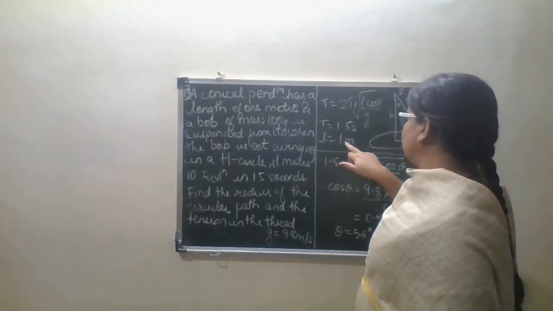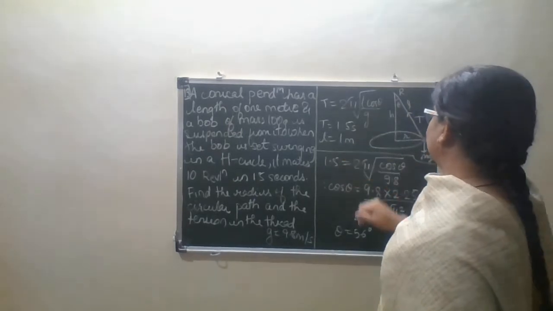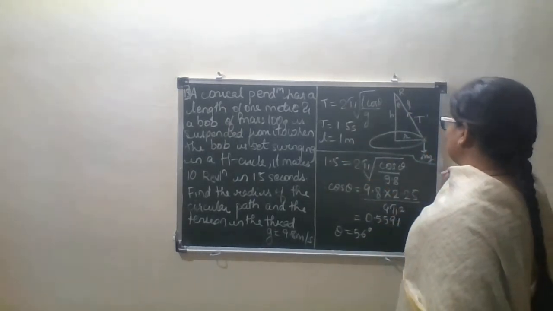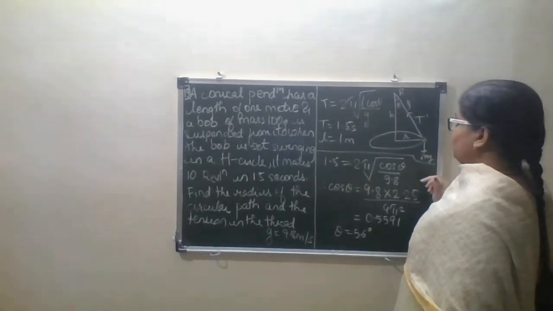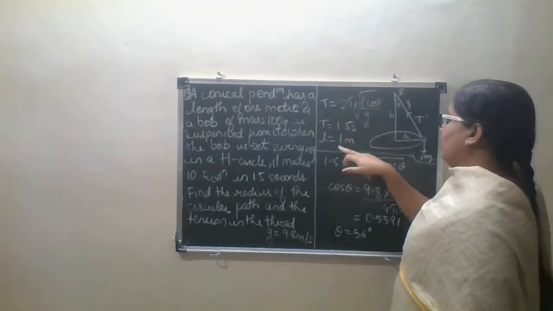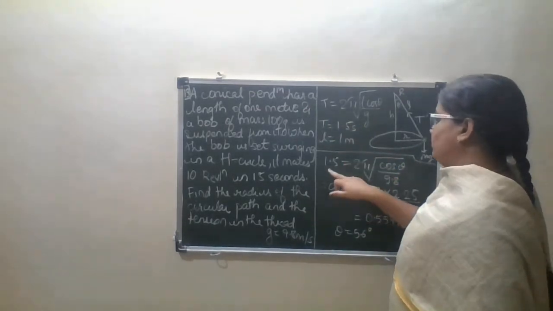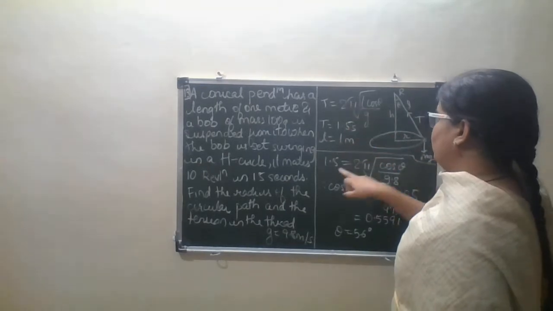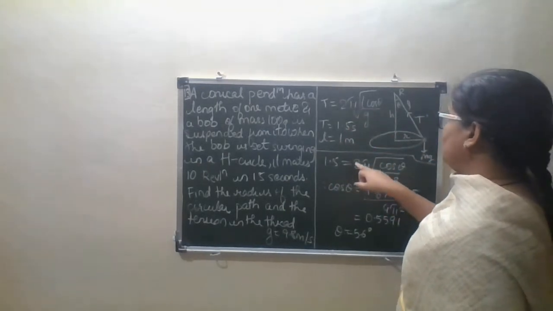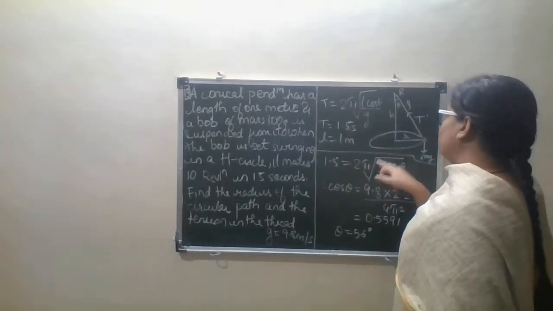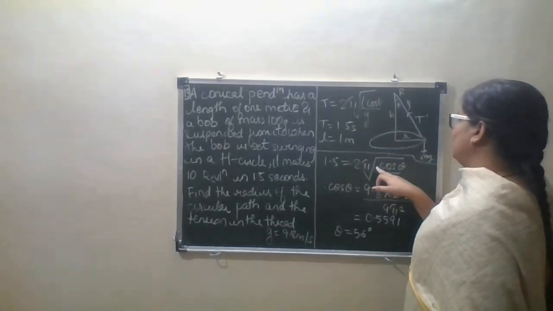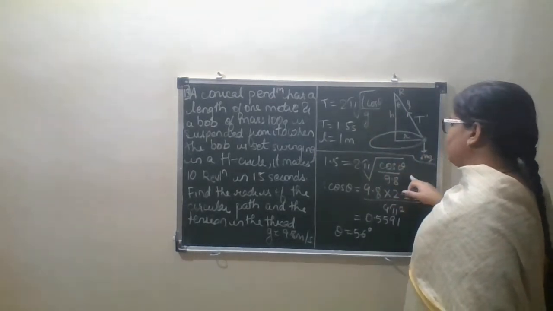And L is 1 meter. Time period is given and length is given. So substituting these values in this formula, 1.5 is equal to 2 pi into under root of L, which is 1, cos theta and g is 9.8.